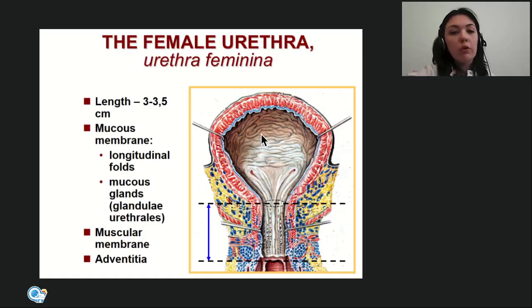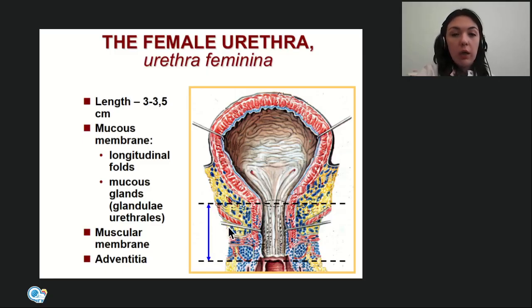In females, the urethra is just an organ of the urinary system, and it is short and relatively broad, if to compare it with the male urethra. So its length is 3 to 3.5 centimeters. In the mucous membrane, there are longitudinal folds, and there are mucous glands, and there is also a muscular membrane, and from outside it is covered by adventitia.